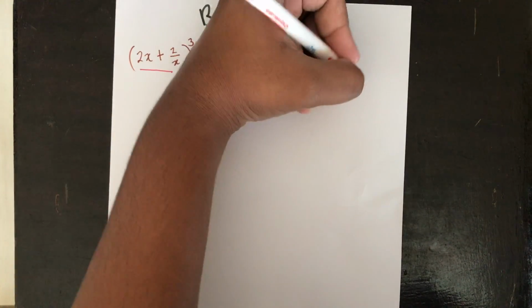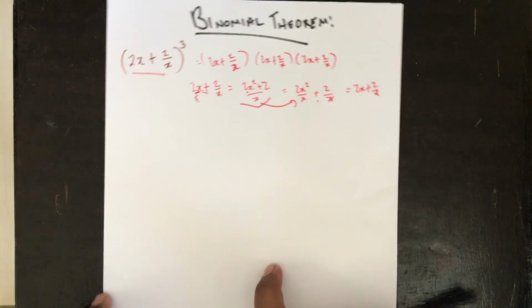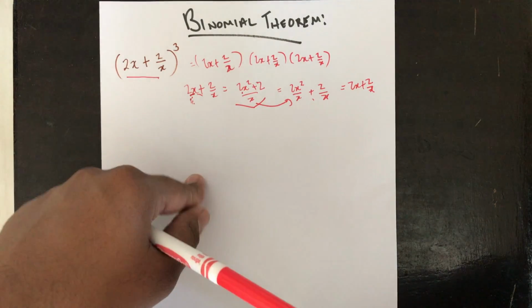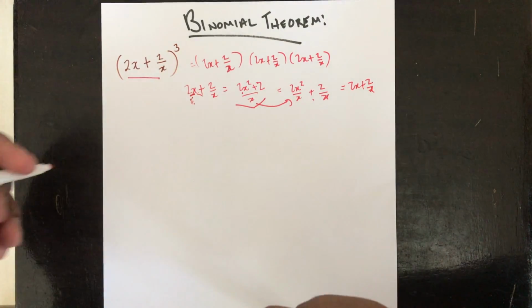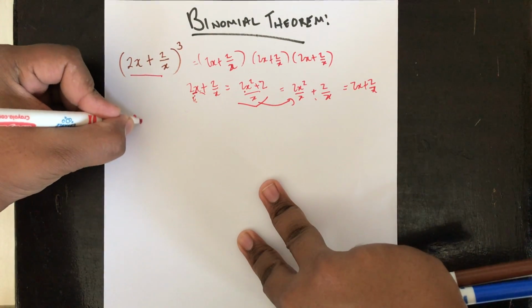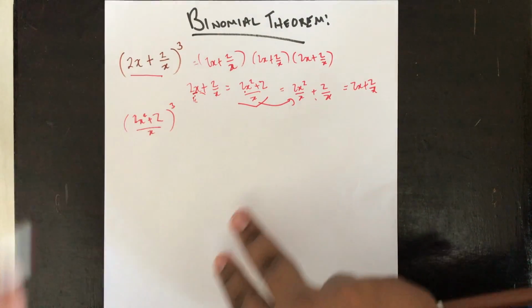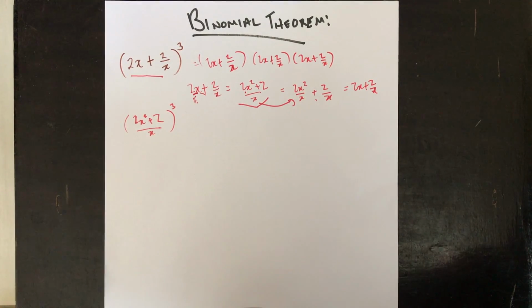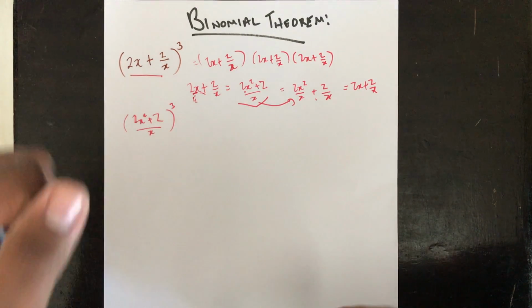I'm just splitting the fractions up, so that gives me 2x + 2/x. They're the same thing. If I were to expand ((2x² + 2)/x)^3 using the binomial theorem, it will be the same thing. That's essentially what the question is talking about if I were to expand this.